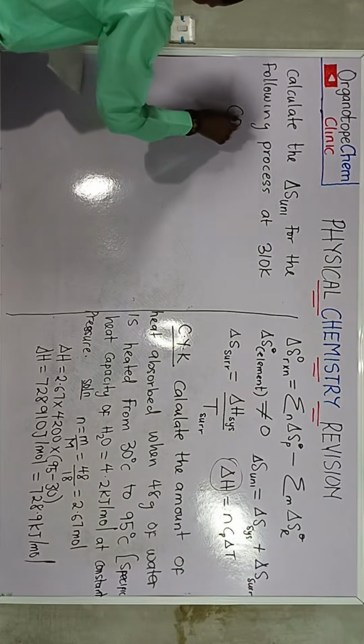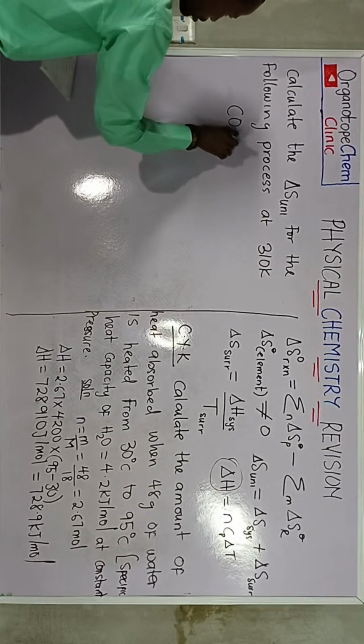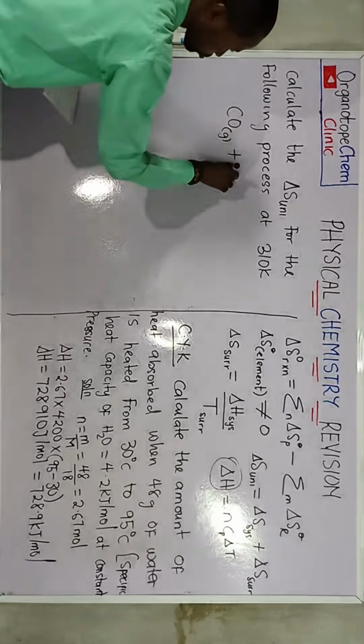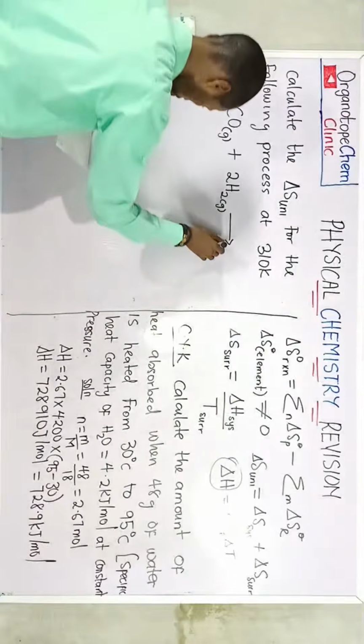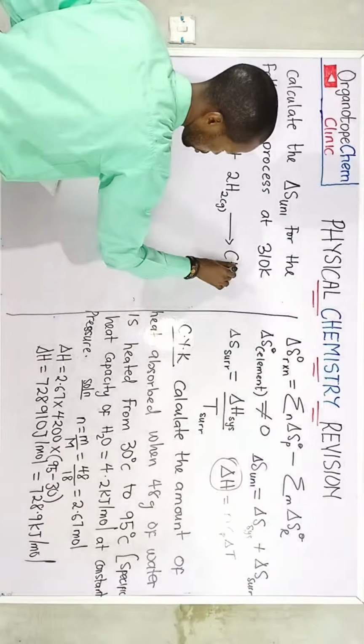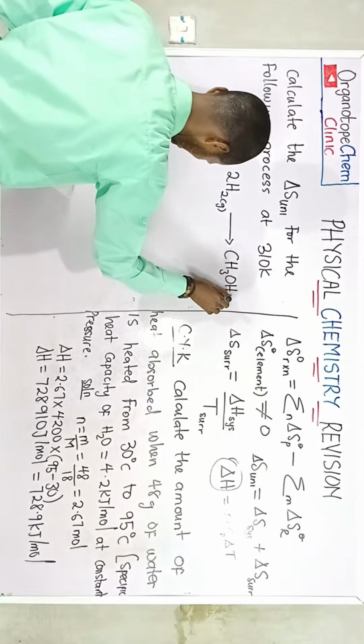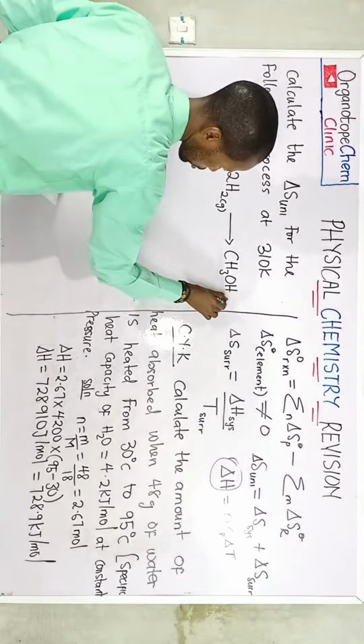We're given the equation CO plus 2H2 gas going to CH3OH. That's liquid.